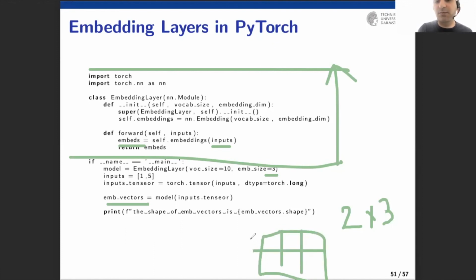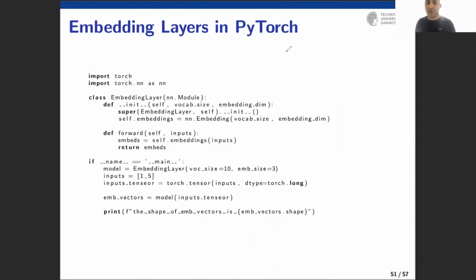This row is the vector associated with the word with index 1, and this row is the vector associated with the word with index 5, right?